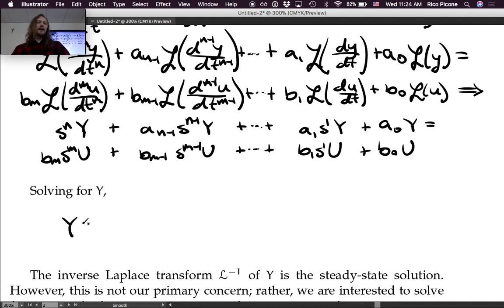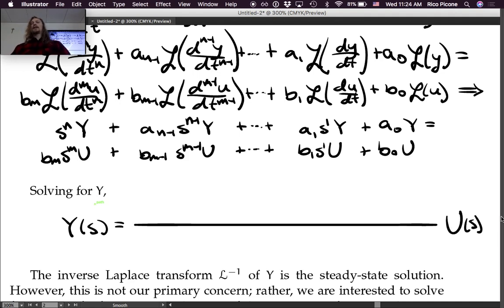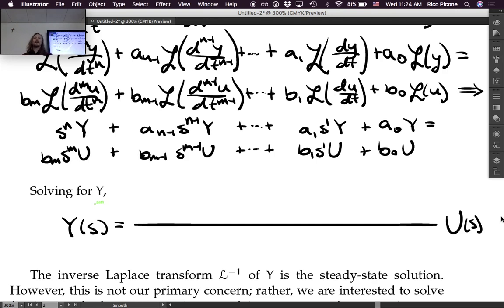So Y of s equals big fraction. I always feel like I shortchange the fraction, so I'll just make it super long. U of s. Okay, so I got to write this ratio.